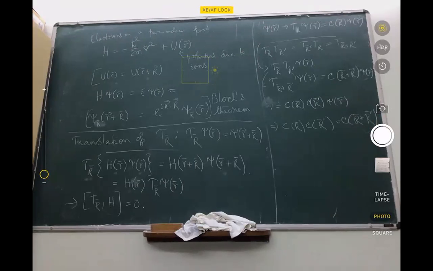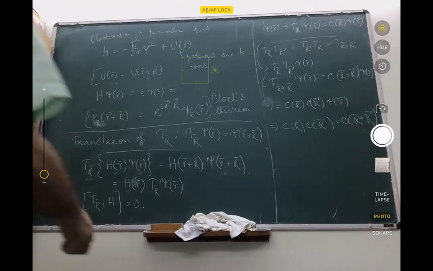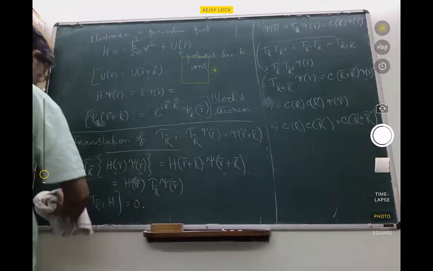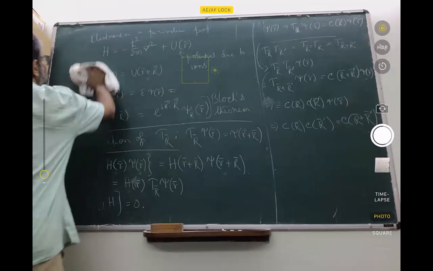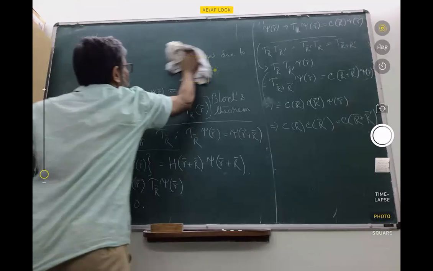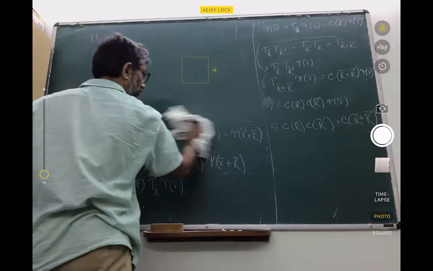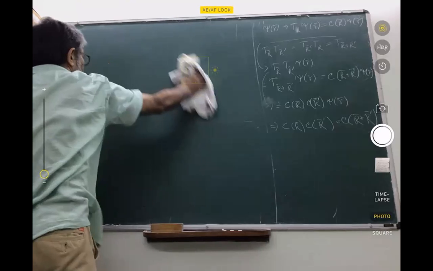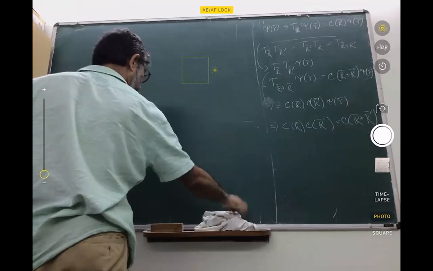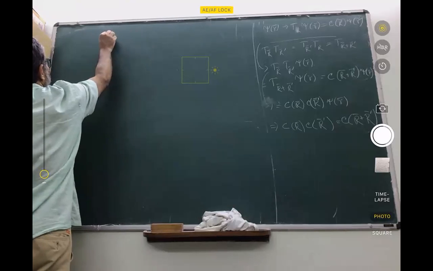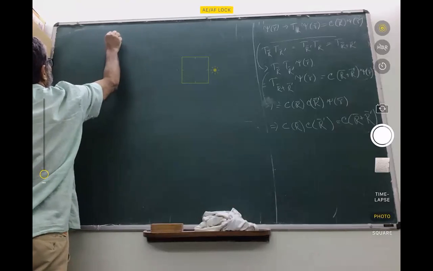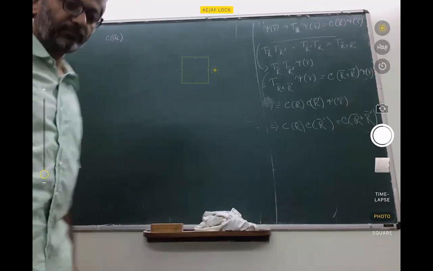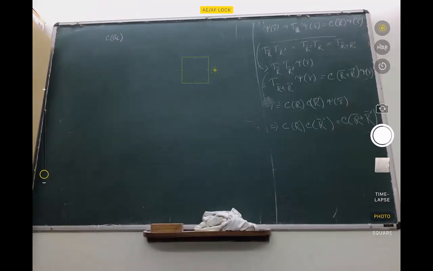Okay, now suppose I choose R to be one of the lattice vectors, a1, a_i, so it could be any i. I'm talking of one of these.